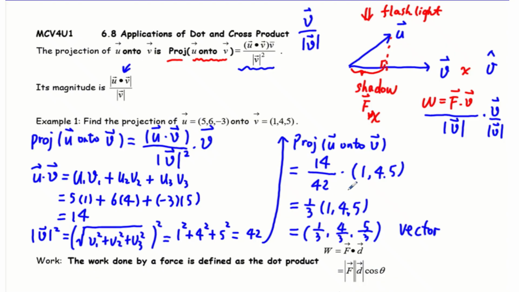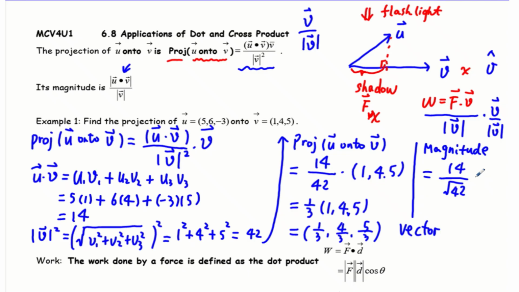And if we want to find the magnitude, we just ignore this v vector. So now it didn't ask you, but if you want to find the magnitude, it will be just u dot v, which is 14, over the magnitude, not squared, which is just the square root of 42.